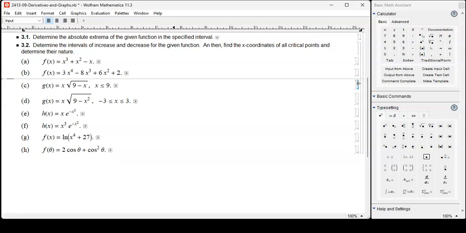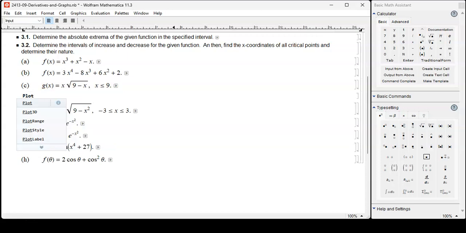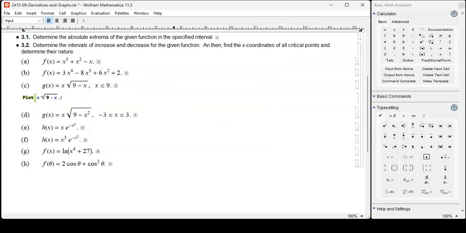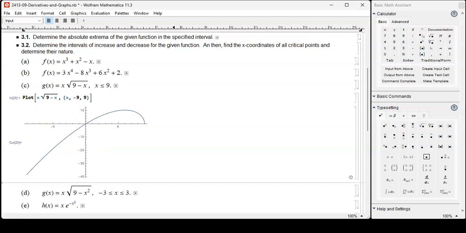How about a challenge problem? Something like this. Copy and paste. Less than 9, so negative 9 to positive 9. Okay, it's kind of like this.